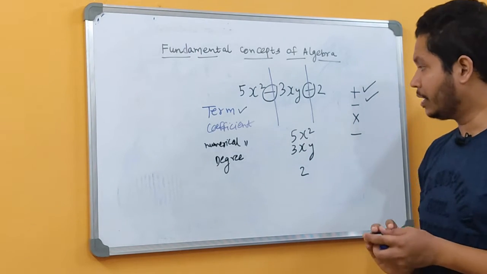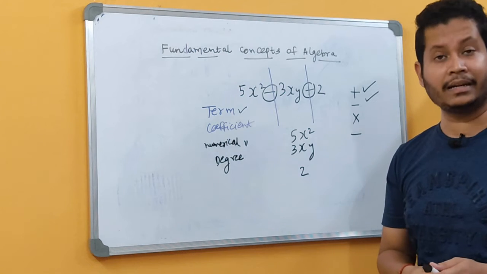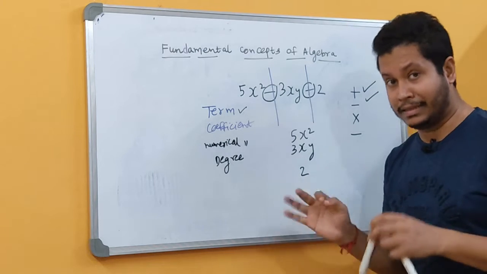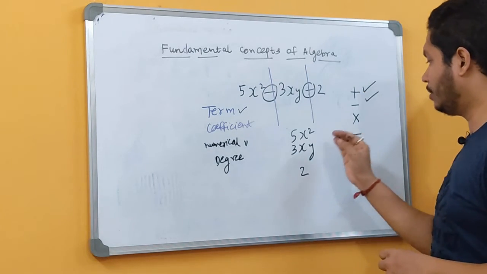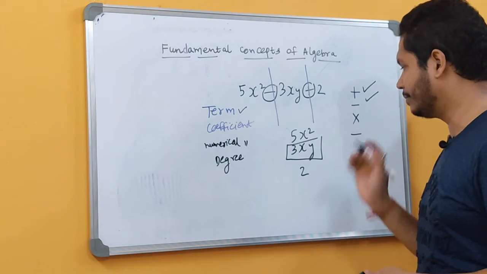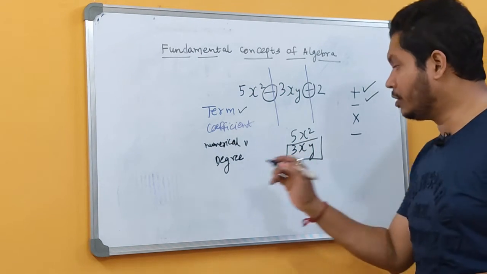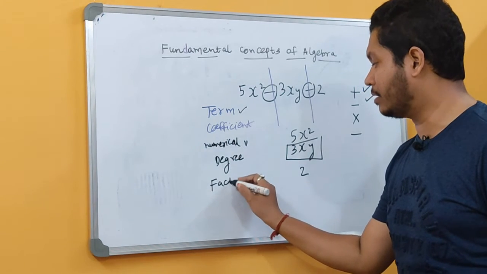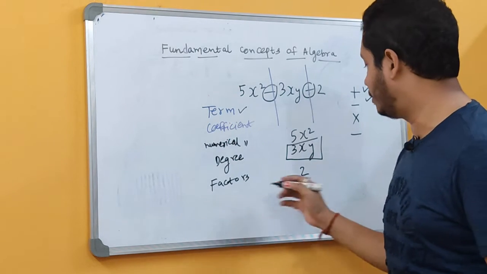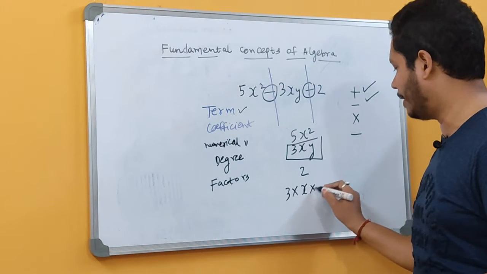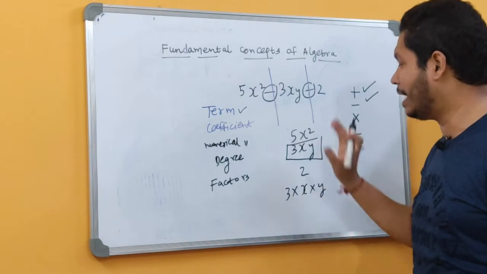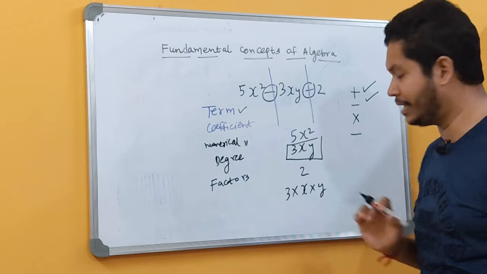Now coming to the next one, coefficient. To understand the concept of the coefficient, we have to take a particular term. Let me take the term 3xy. One more thing we need to understand here is factors. This 3xy term I can also write as 3 into x into y. So individually 3, x and y are the factors of this term.